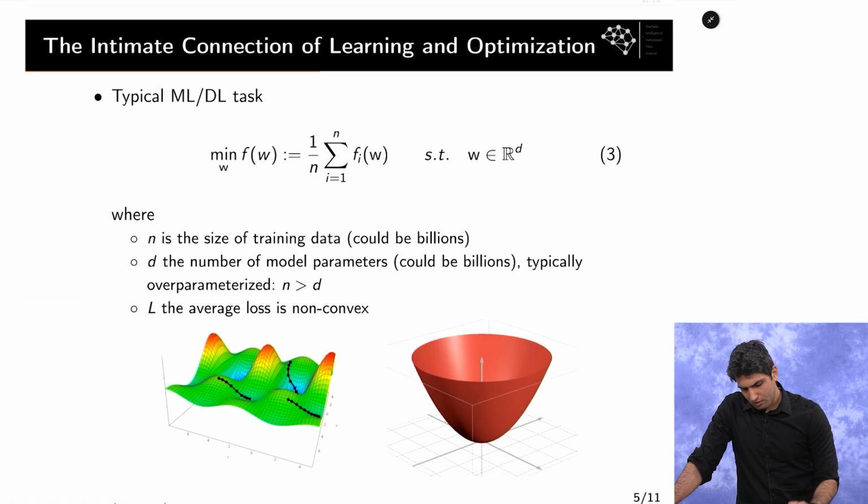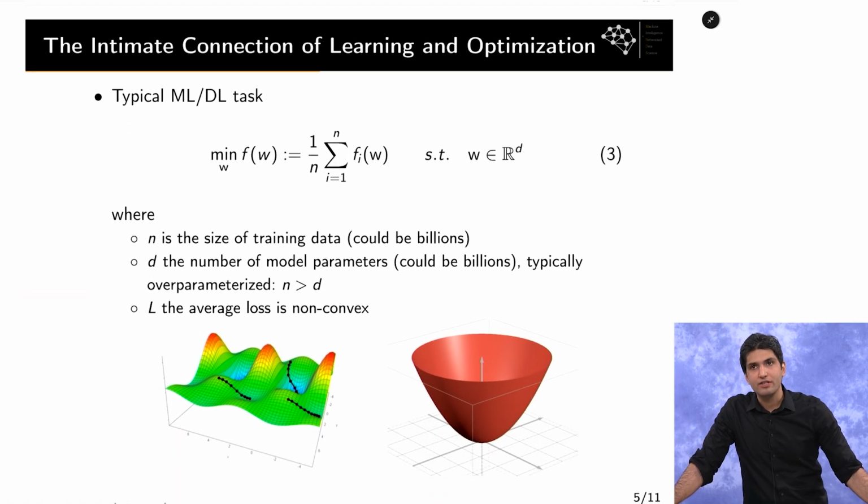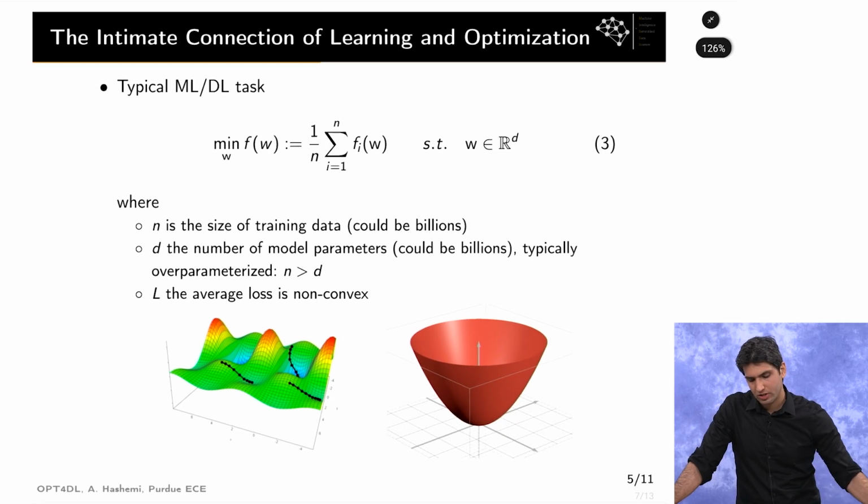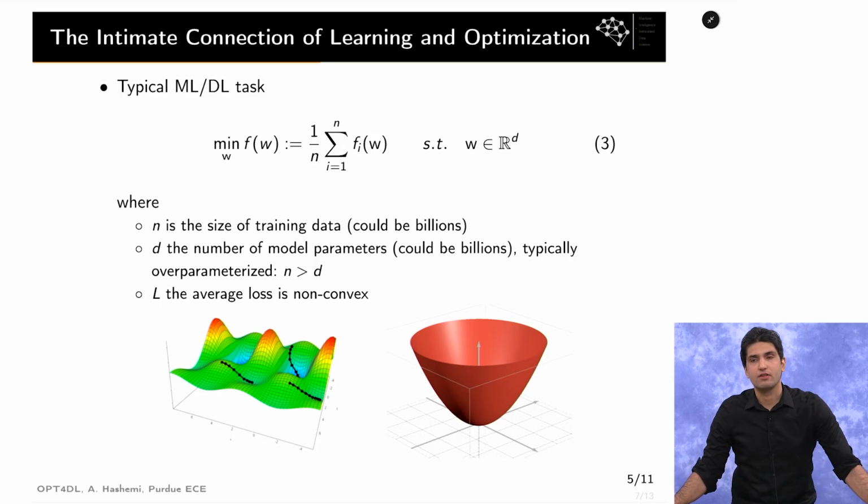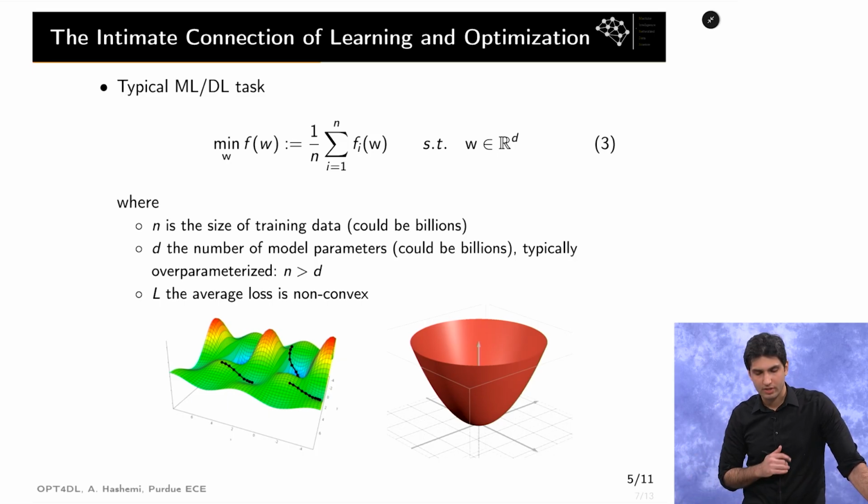Now I'm going to talk a little bit about these two reasons. First of all, the intimate connection of learning and optimization. I mentioned that when we talked about training a model, essentially fitting the model to a training data, we have to solve an optimization problem. Now, a little bit more mathematically, this optimization problem is going to look like something like this.